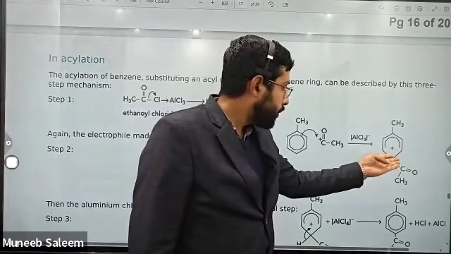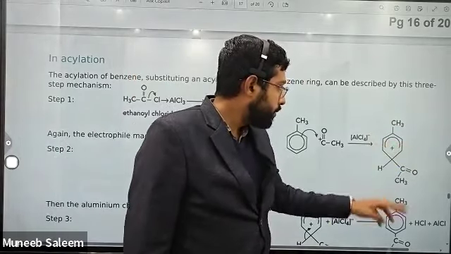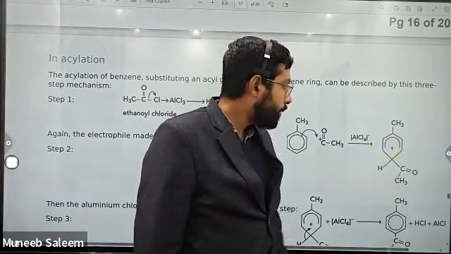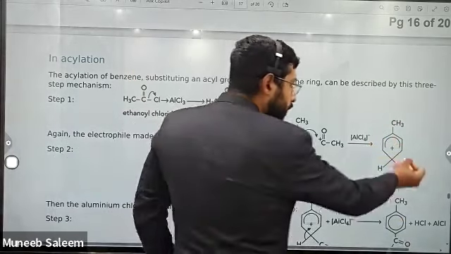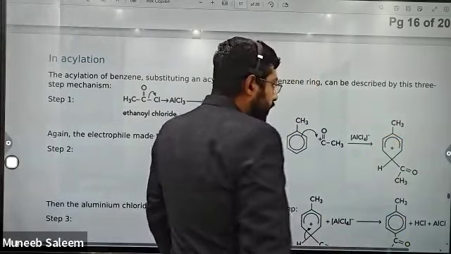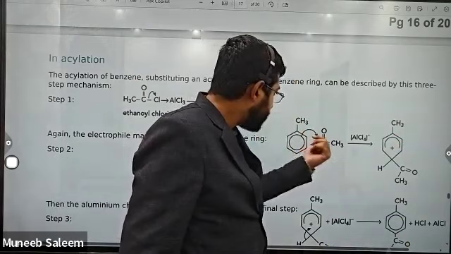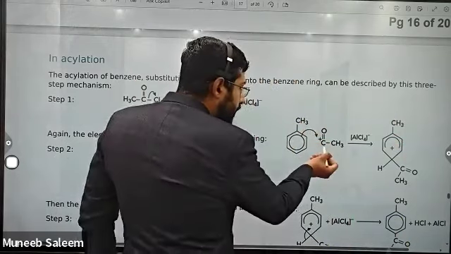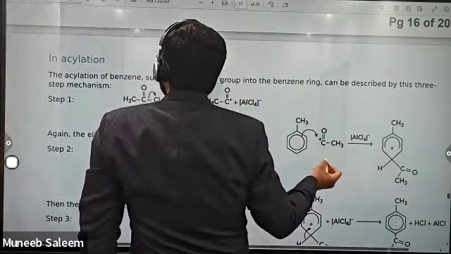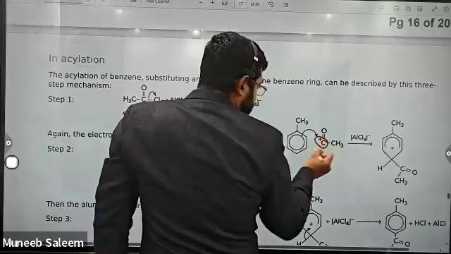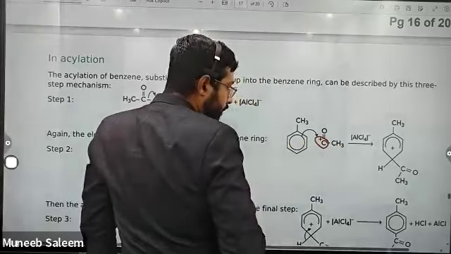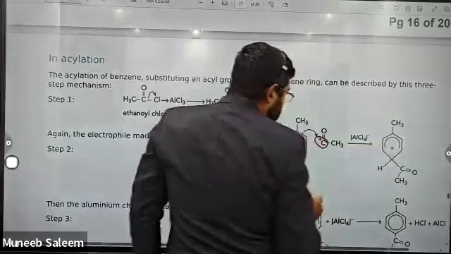When it is broken off from here, we have a positive charge which is spread over 5 carbon atoms: 1, 2, 3, 4, 5. And the whole of this part is connected with the benzene through this carbon atom. So this carbon is making a bond with the compound over here.